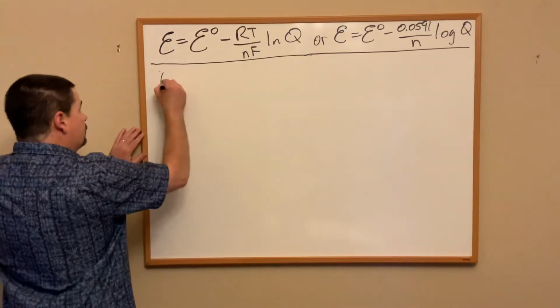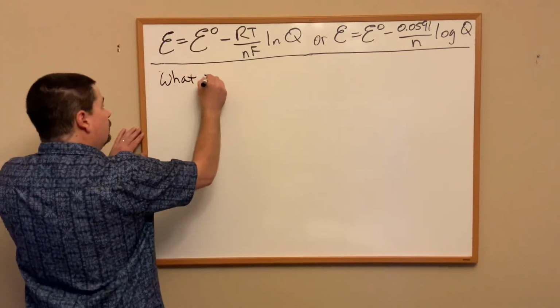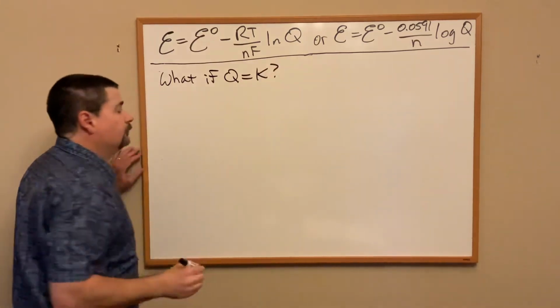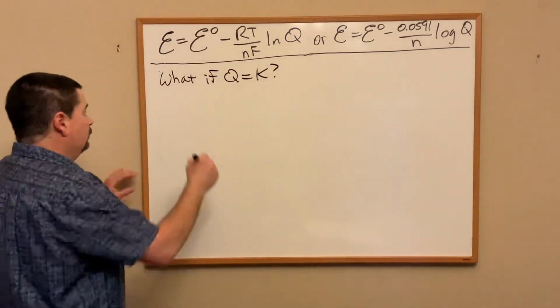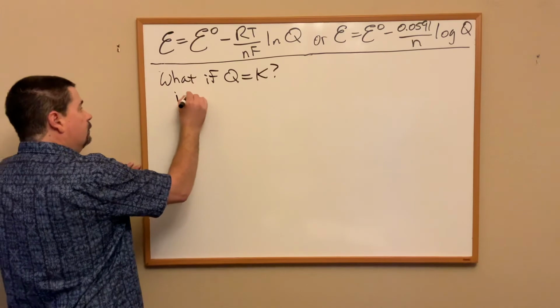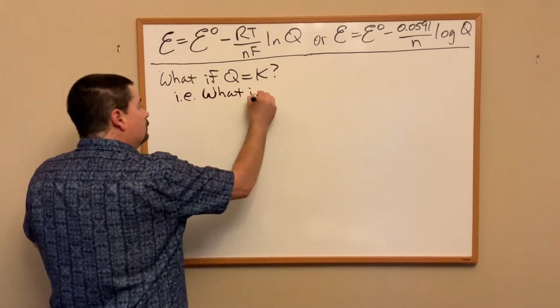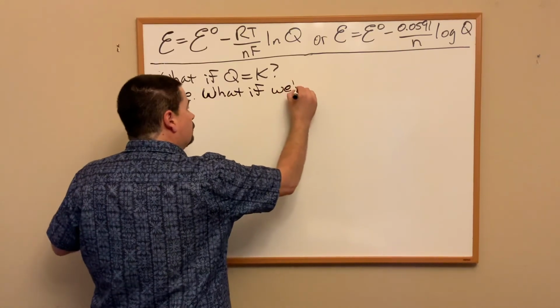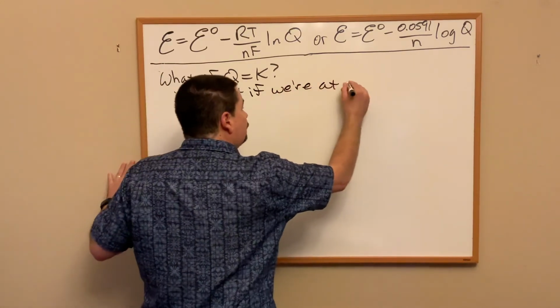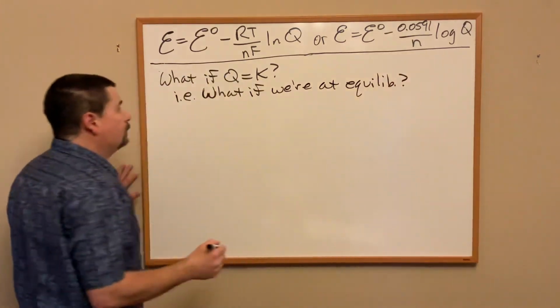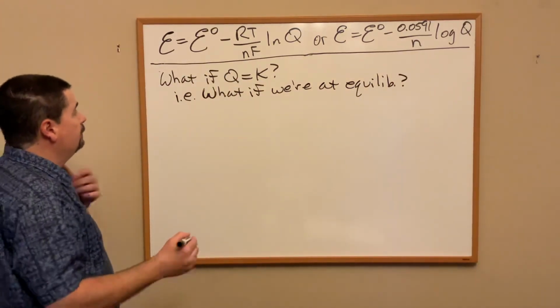So we could ask the question, what if Q equals K? So what if we're at equilibrium? Well, if Q equals K, then what do we have?